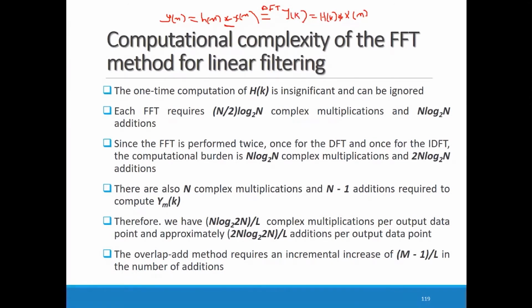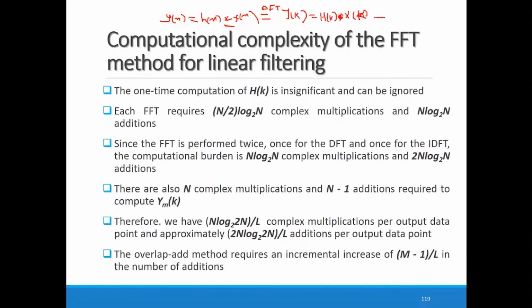We take h of n and x of n and perform the DFT to replace the task of convolution with multiplication. Now our output is in Y of k format, meaning we get the output in the discrete frequency domain. Y of k is equal to H of k into X of k, not n, sorry.